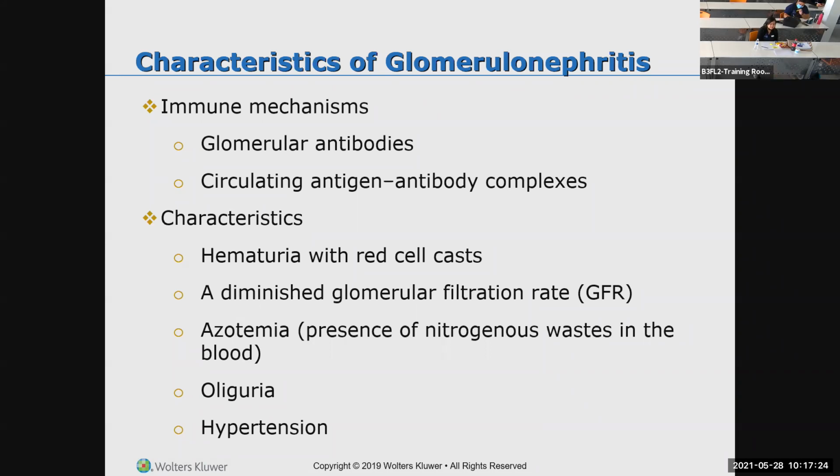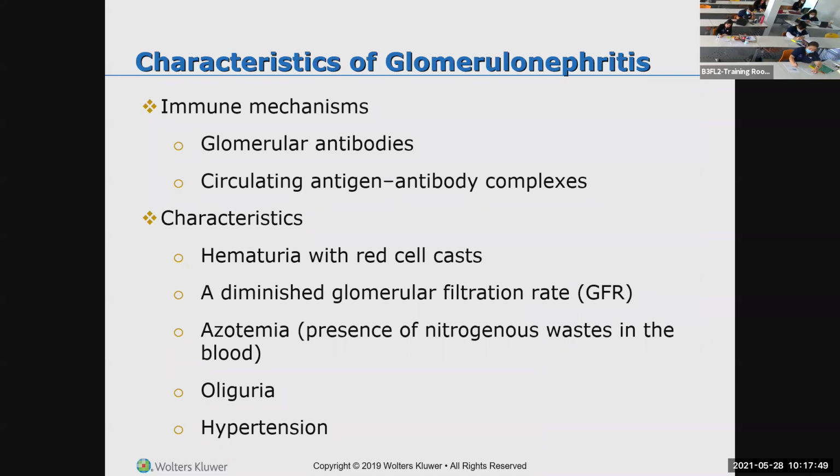Its average is 125 ml per minute, and please remember, normal GFR has to be above 90 ml per minute. Okay, so in this patient, they have a reduced GFR.